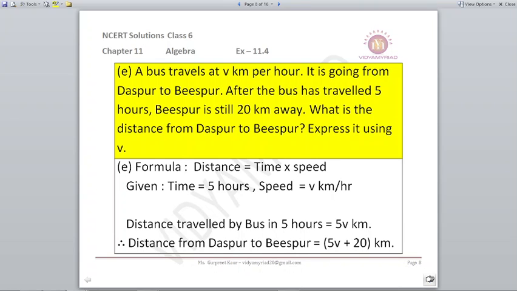Speed given to us is V kilometers per hour. So what is distance traveled? Time into speed, that is 5 into V. 5V kilometers we will find out. Now the distance from Daspur to Bijpur, they are saying it is 20 kilometers away. So 5V plus 20 will be your required answer.